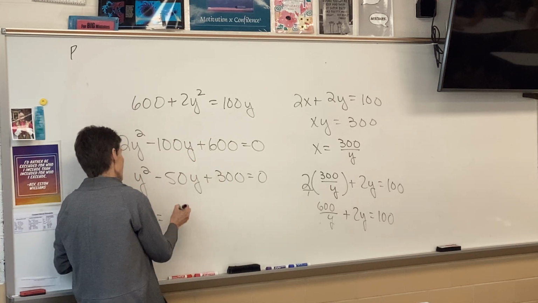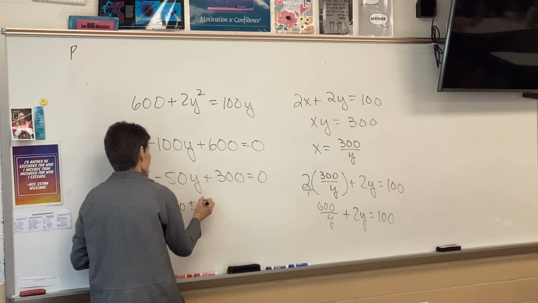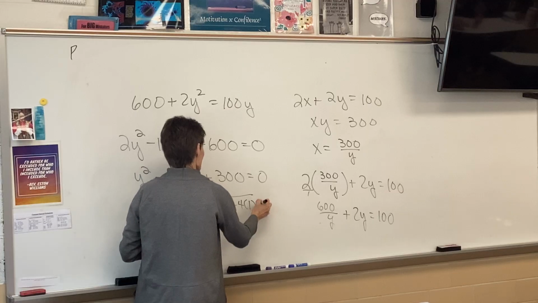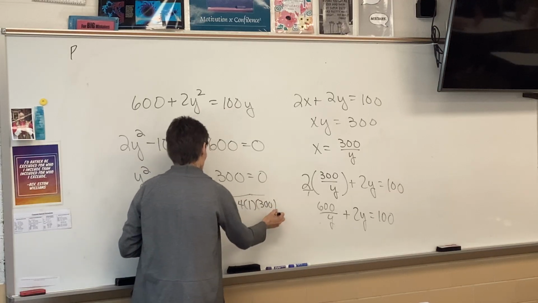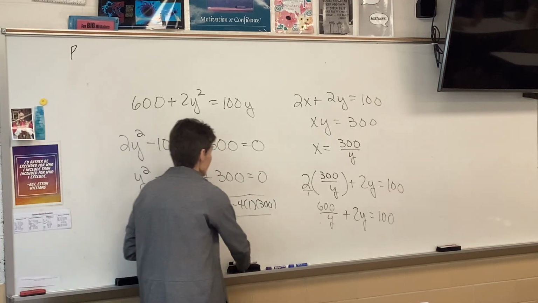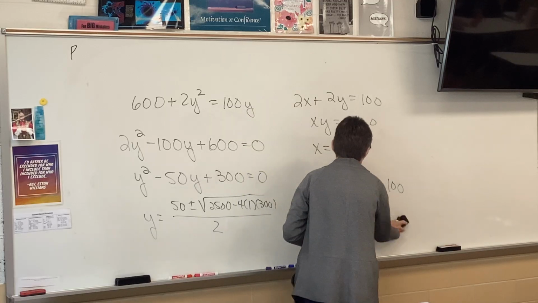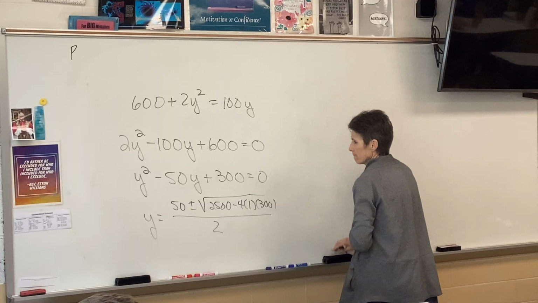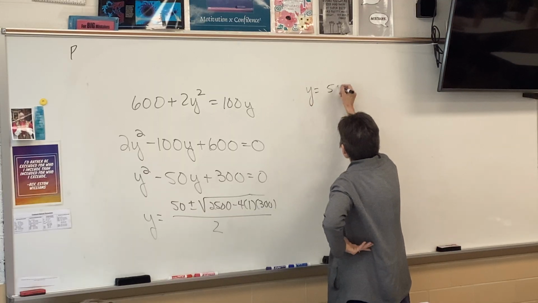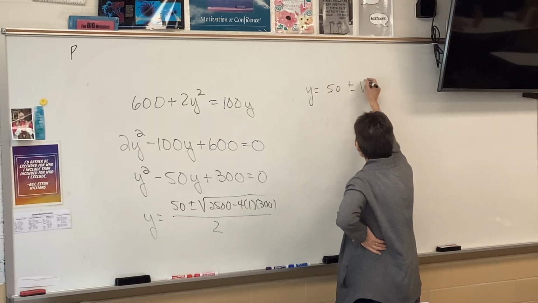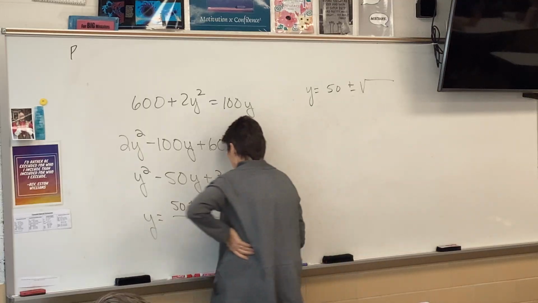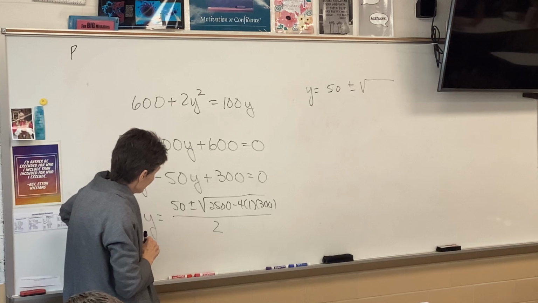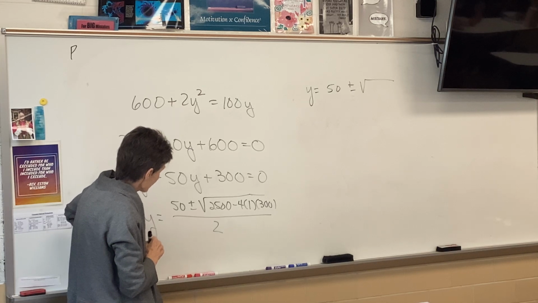So here we go, y equals 50 plus or minus the square root of 2500 minus 4 times a times c, all over 2a. I forgot that. Well, you need to remember it. So 50 plus or minus, what is that? Is that 1300?